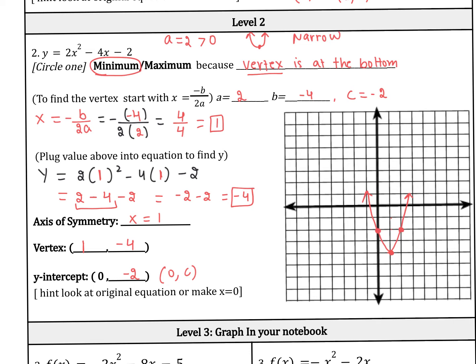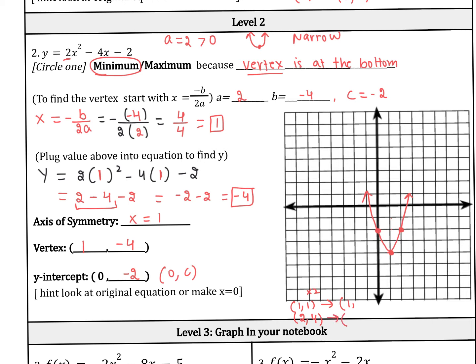If a is greater than 0, it's going to be a narrow graph or vertical stretch. If you want to follow the pattern, it was 1, 1, 2, 4. Now since a is 2, it's going to be multiplied by 2.